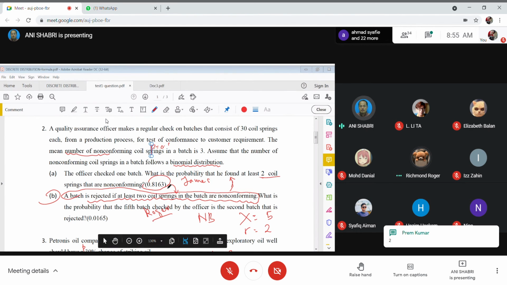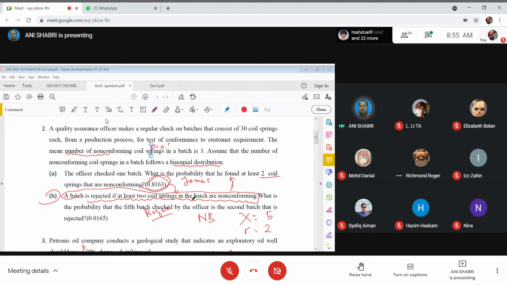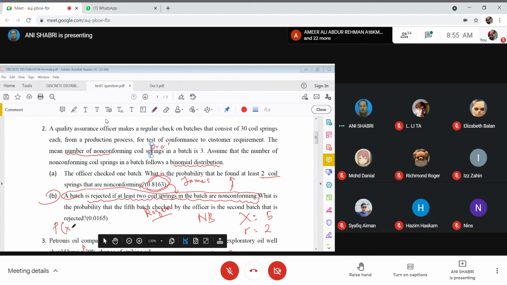Okay, try this one. Using P is 0.1893. If you use P as 0.1, it is wrong. X is equal to 5.